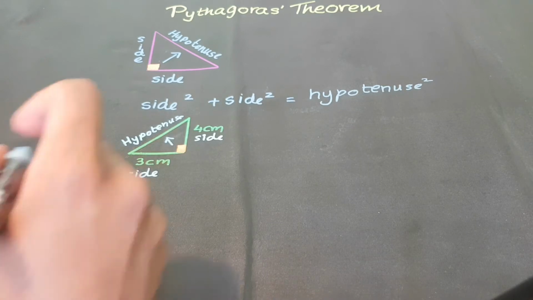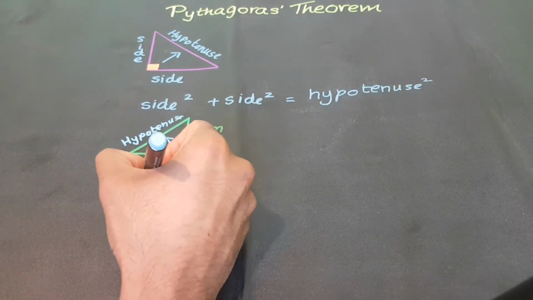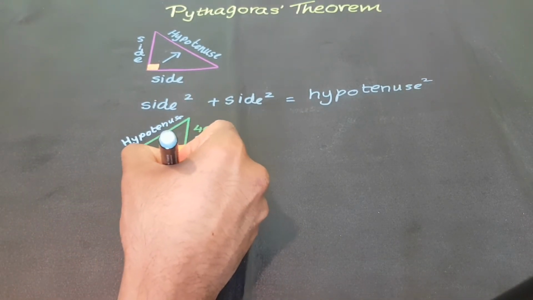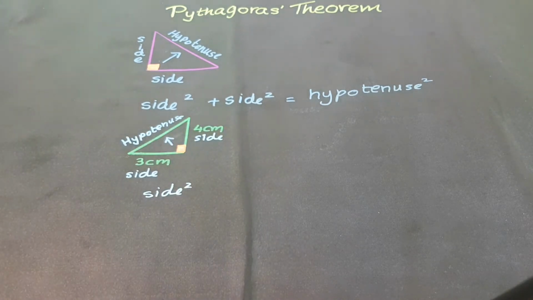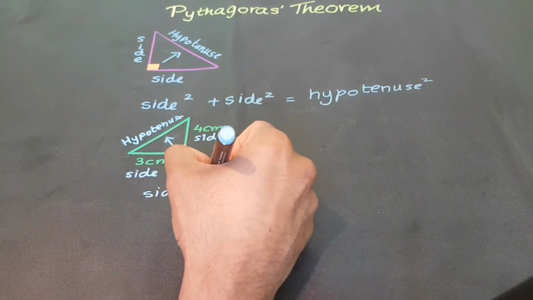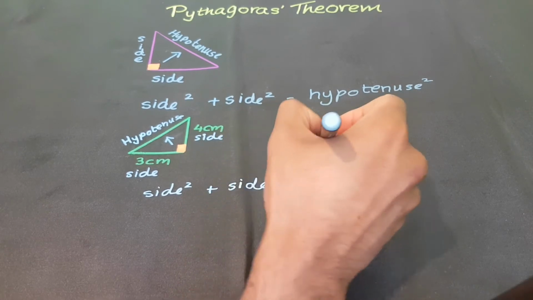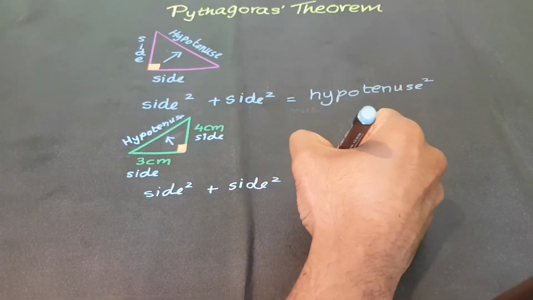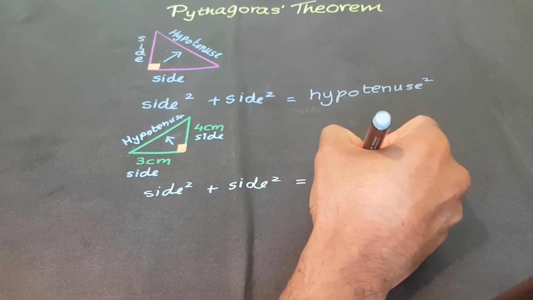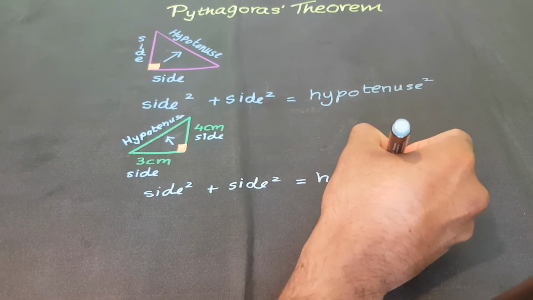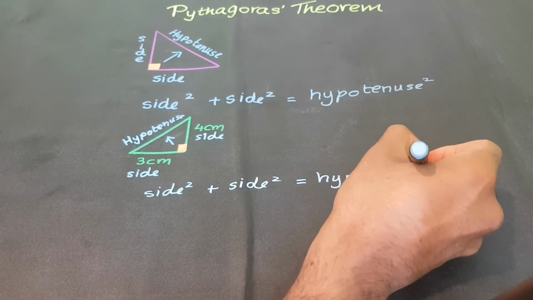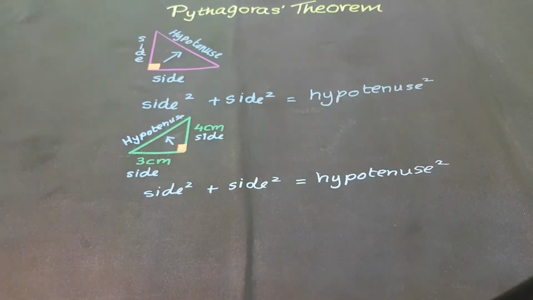I can start off. So the first thing I can say is side squared plus side squared equals hypotenuse squared. That's basically a simple formula that represents the Pythagoras theorem.